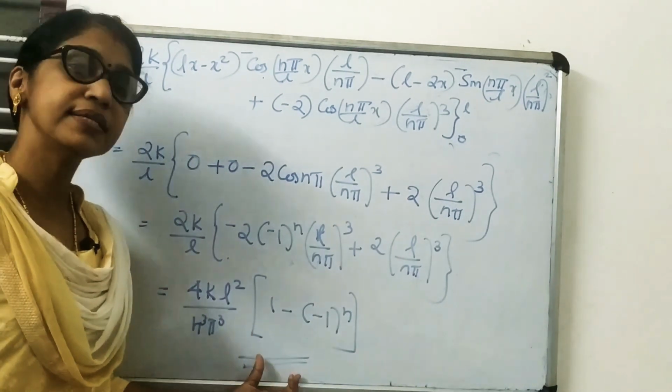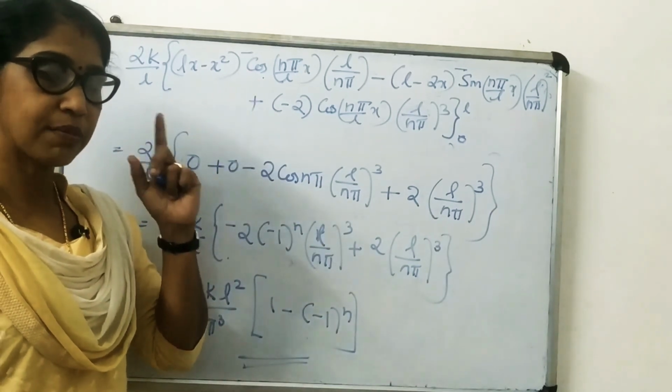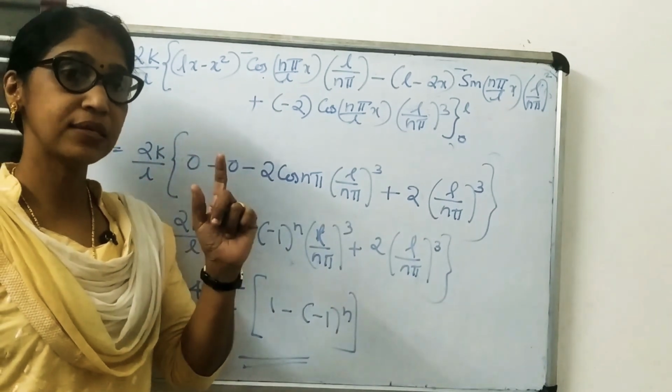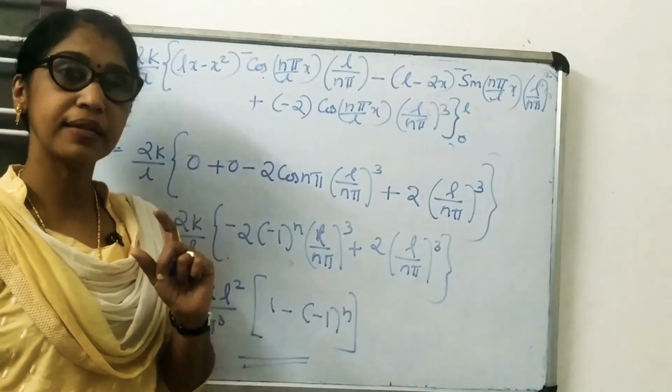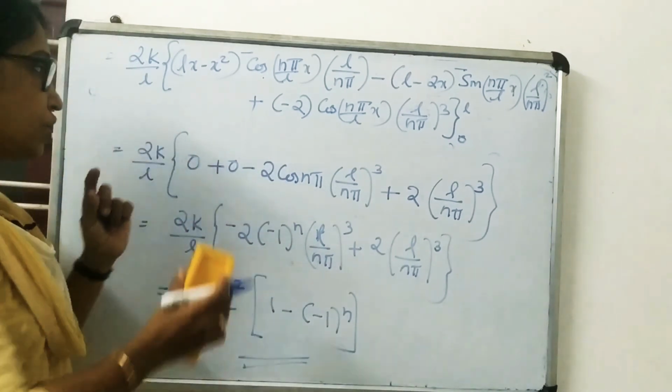Now I am putting this an into the general solution. What is the general solution? Sigma n equal to 1 to infinity an sin n pi by L x into cos n pi a by L t. So I am putting the value of an in equation number 2.